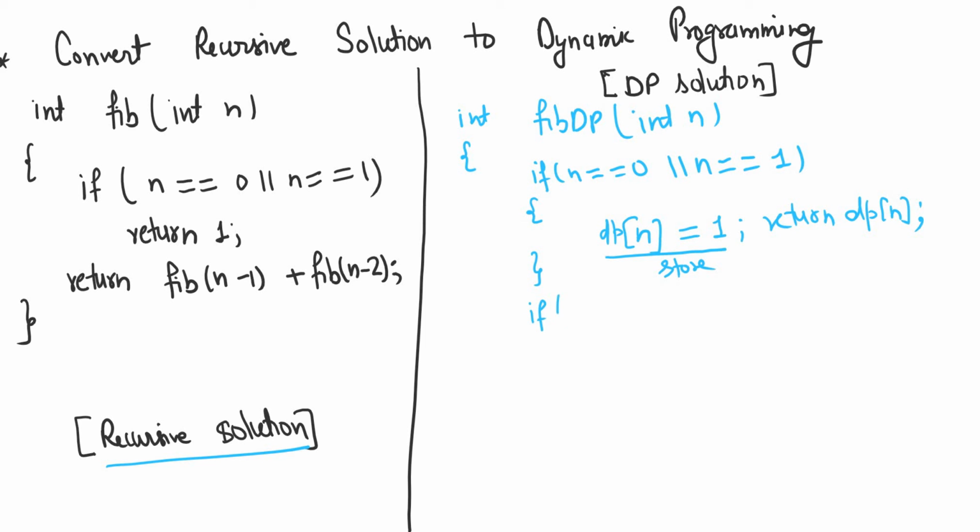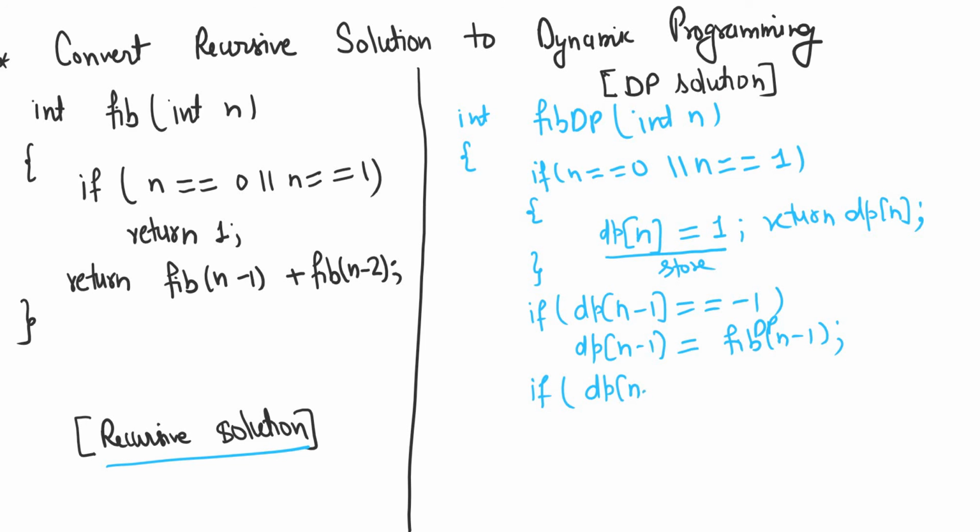Next, if dp of n minus 1 is equal to minus 1, which means the value is not already computed, compute it: dp of n minus 1 is equal to fibdp of n minus 1. If dp of n minus 2 is equal to minus 1, this is also not computed, then compute it: dp of n minus 2 is equal to fibdp of n minus 2.